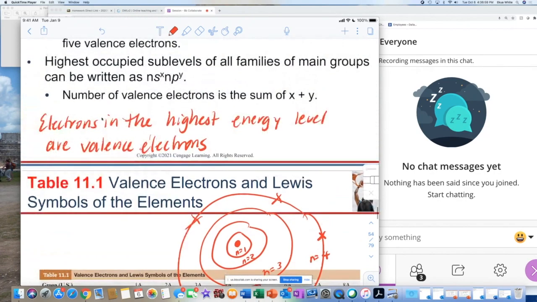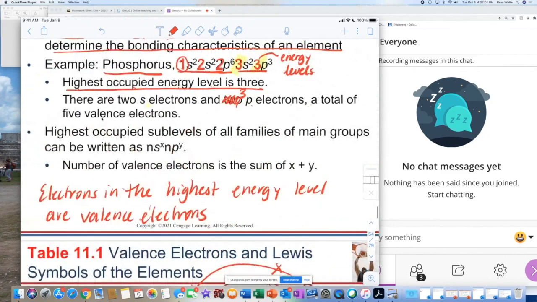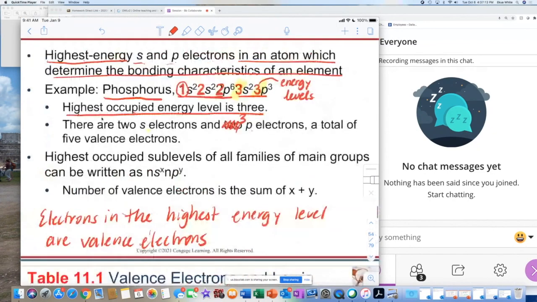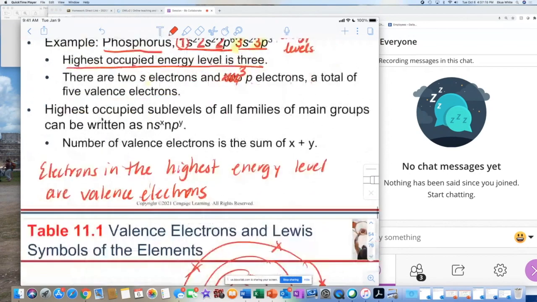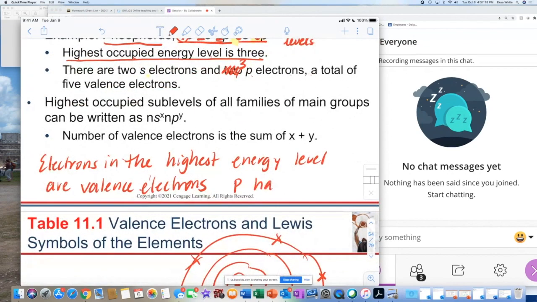Of course, based on the structure here of phosphorus, there's only 3 energy levels. So you draw 3 rings around the nucleus, and your 5 electrons are on that 3rd energy level, okay? So if you add 2 to 3, then phosphorus has 5 valence electrons, if I can spell.